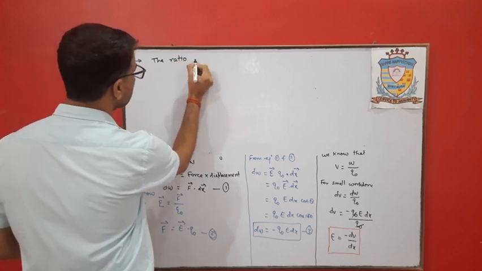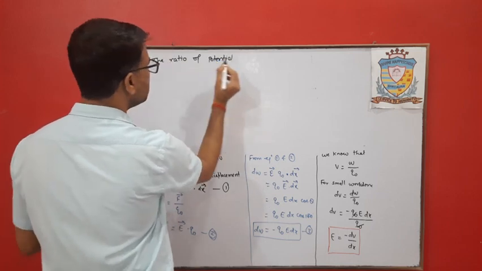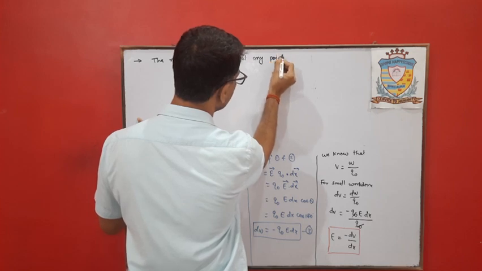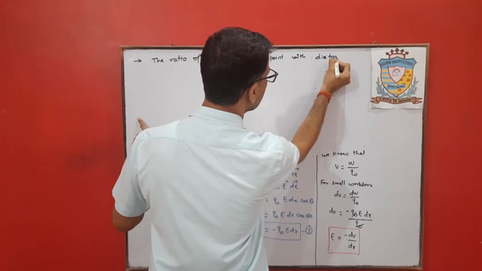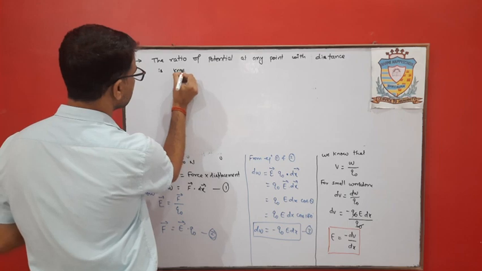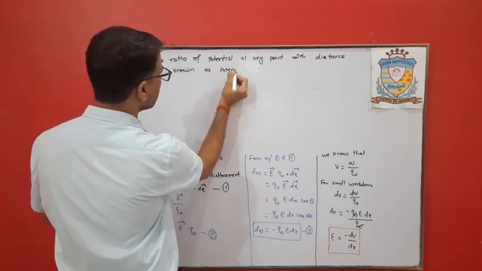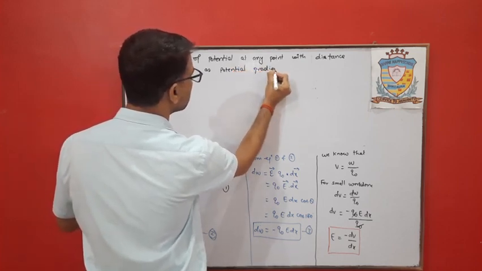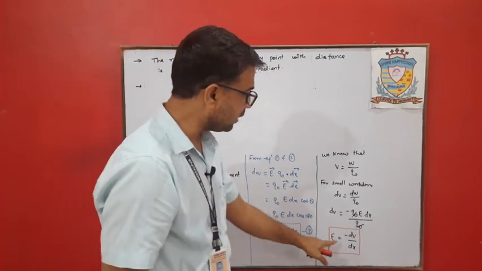The ratio of potential at any point with distance is known as potential gradient.